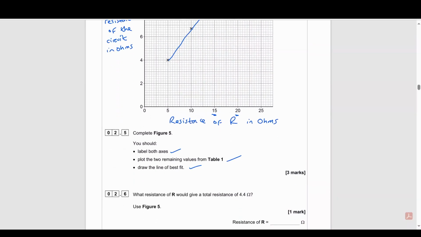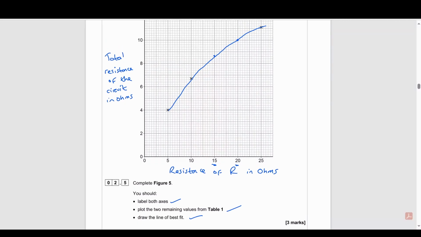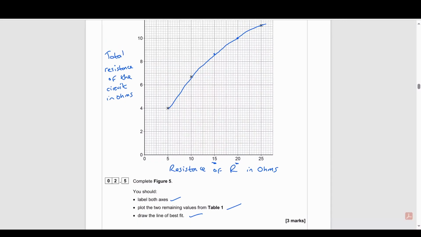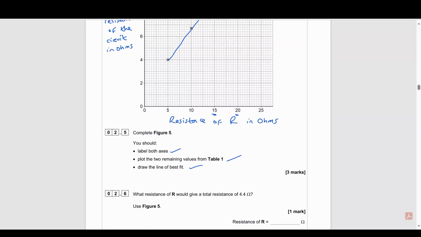2.6. What resistance of R would give a total resistance of 4.4 ohms? So we need to find 4.4 on our y-axis. Remember that we said that each line is going up in 0.2. So first line would be 4.2, second line would be 4.4. So reading along to our curve, and then when it touches the curve, we want to go downwards.